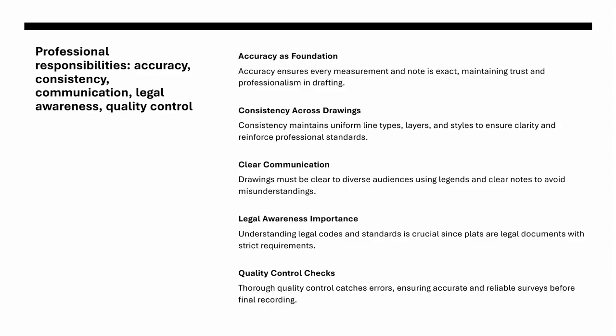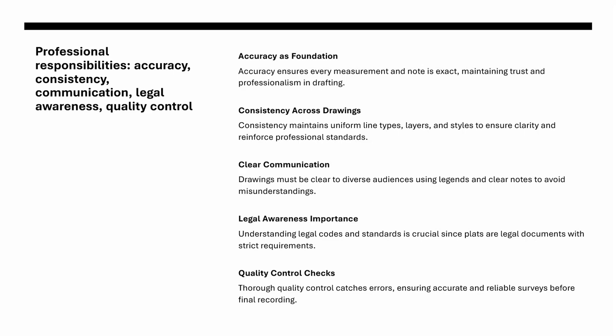And finally, we have quality control. The drafter is the last line of defense before a survey is recorded forever. Quality control means catching mistakes before they become permanent record. It means checking closure, checking line work, checking spelling, and checking scales.